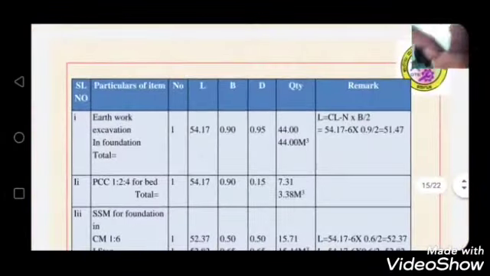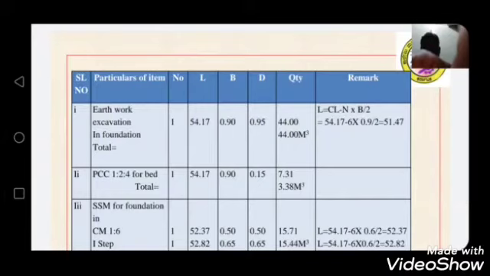The detailed estimation. First one is earthwork excavation in foundation. Number 1, length 54.17, total center to center length minus number of walls into B by 2, 0.47.